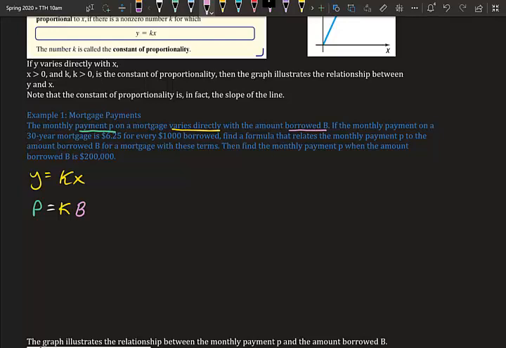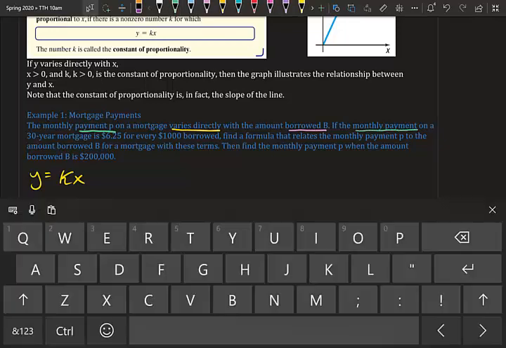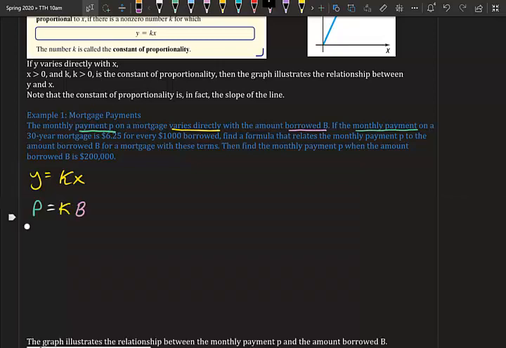So it's telling us that the monthly payment, and that stands for P, on a 30-year mortgage is $6.25 for every $1,000 borrowed. So the payment is 6.25. We don't know the constant, that's what we're trying to find. And then it's saying for every $1,000 borrowed. So that's borrowed B. So we have 1,000.